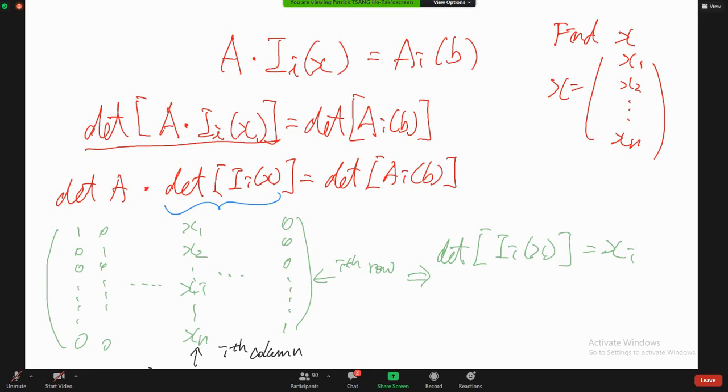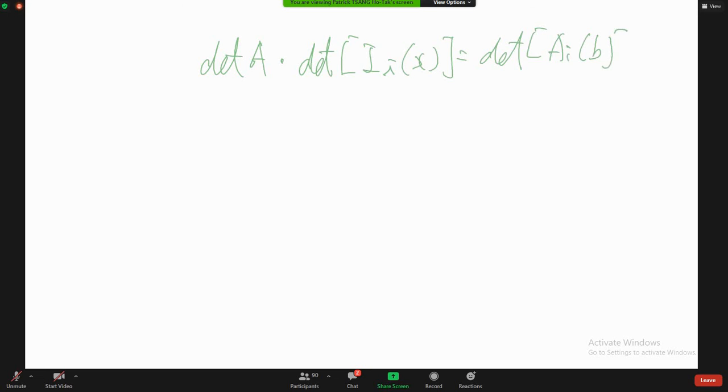So now I can add some new results here. Previously, determinant A times determinant of I_i(x) equals determinant of A_i(b). But the determinant of the second guy is nothing but xi after the computation of the determinant.